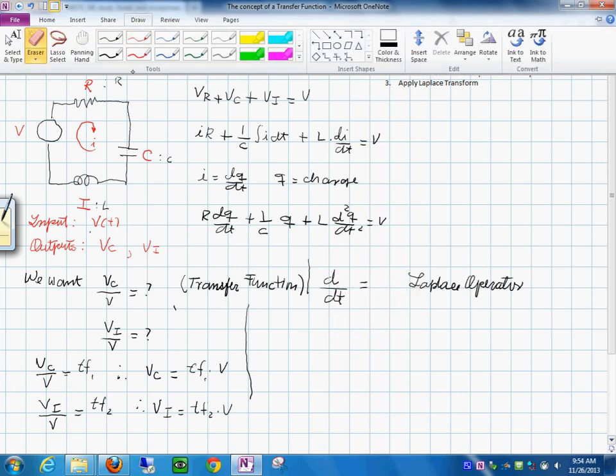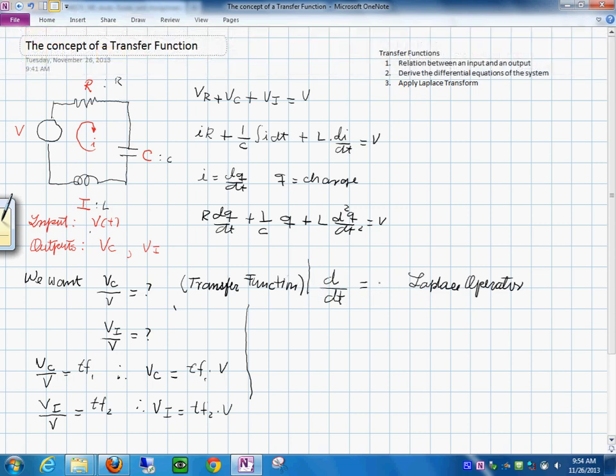The basic concept is that d/dt is the Laplace operator. So if we have dx/dt, it follows that this is s times x in the S domain.